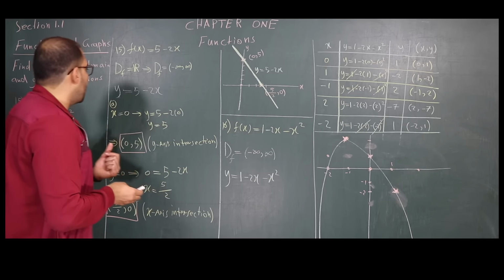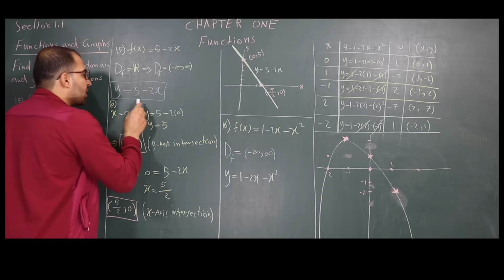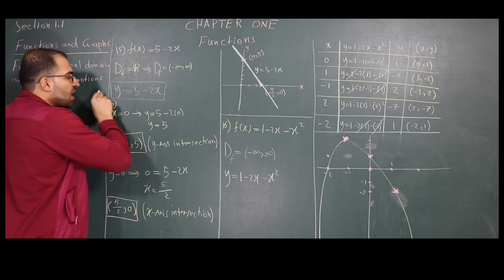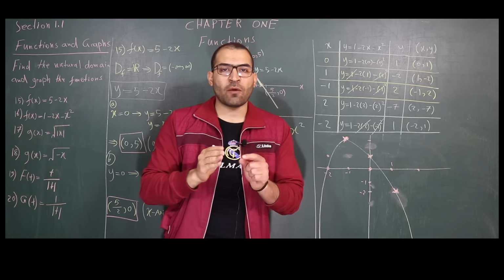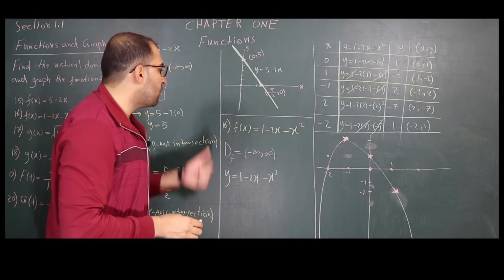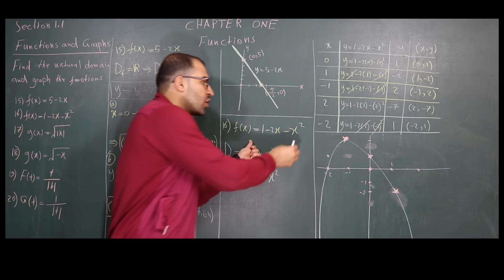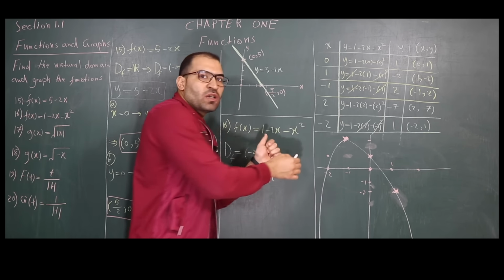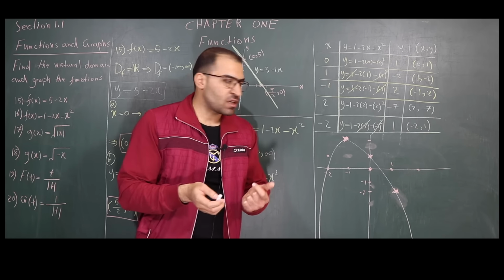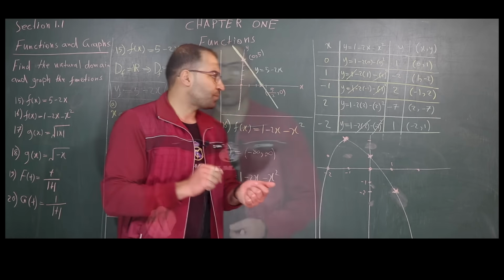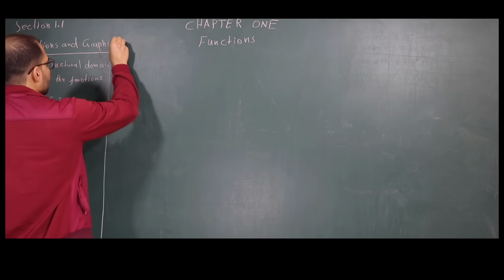If you have an equation where all exponents are 1, for example the exponent of y is 1 and the exponents of the x's are all 1, that will be a line. But if you find any kind of equation that contains an exponent more than 1, like 2, 3, 4, or contains squares, the plot will be a curve. Now we're going to solve the next question, which is 17.